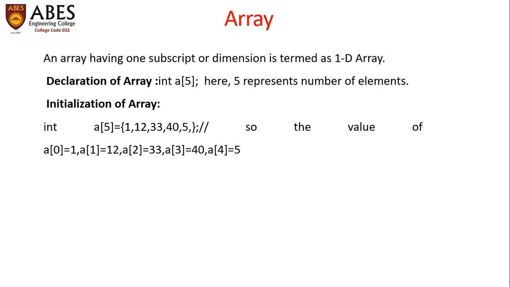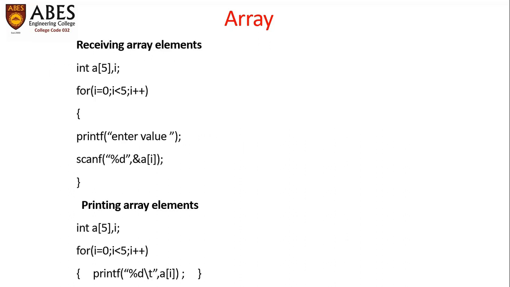So if you have an array of size 5 and you want to fill the full array with 5 elements, the first value will be stored at the location a[0], and the last value will be stored at a[4], because it is size minus 1. The size here is 5, and 5 minus 1 is 4. By this way, elements are arranged in an array.